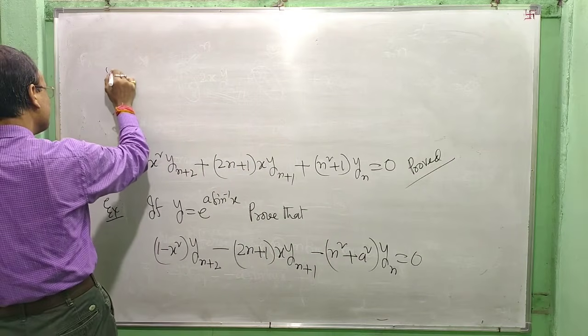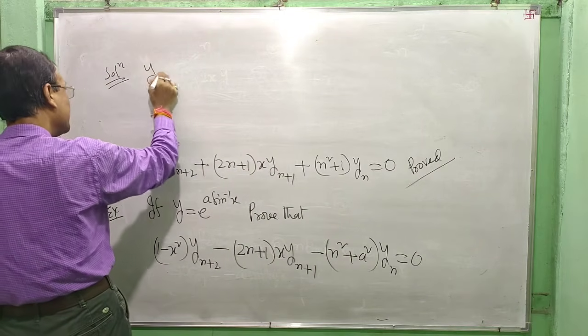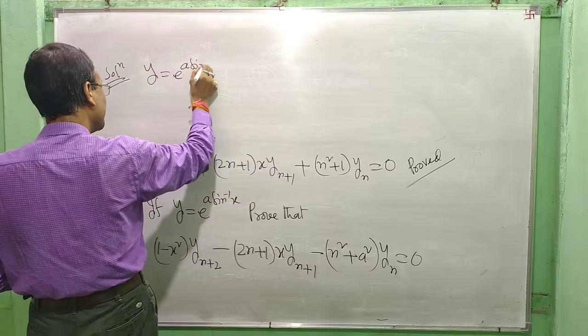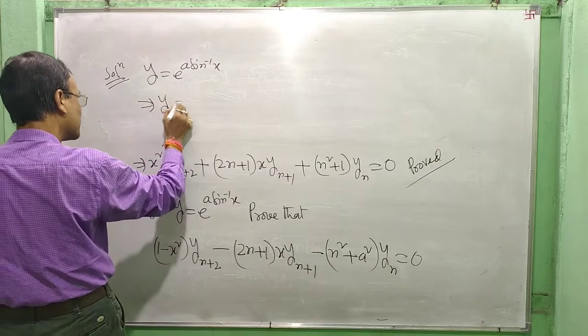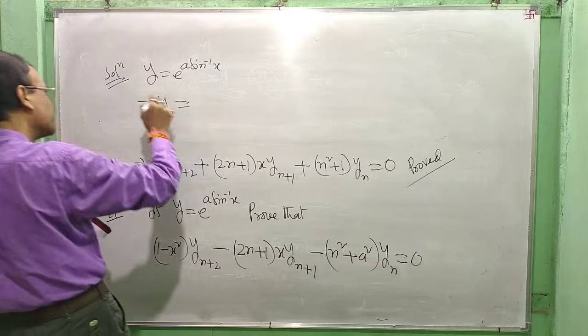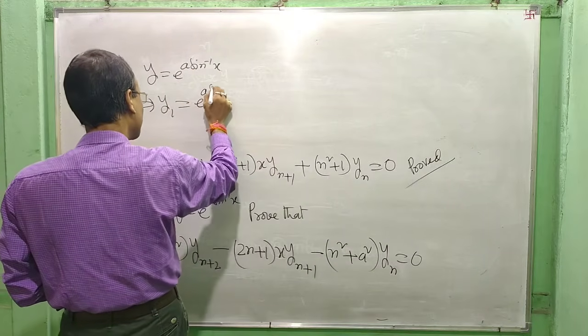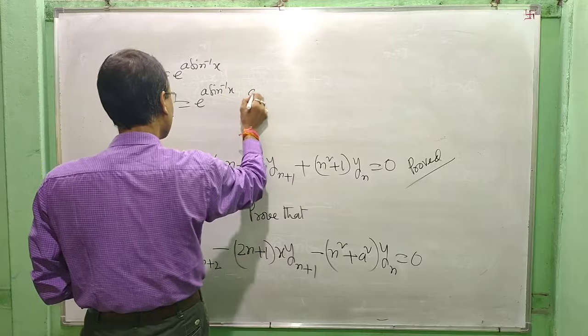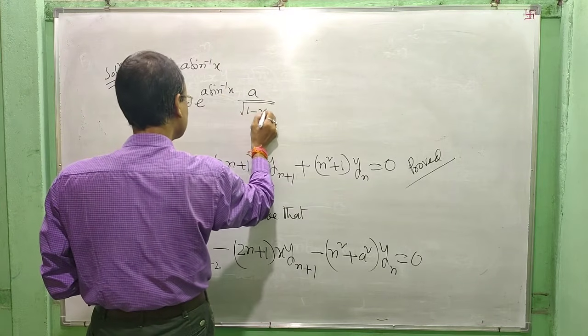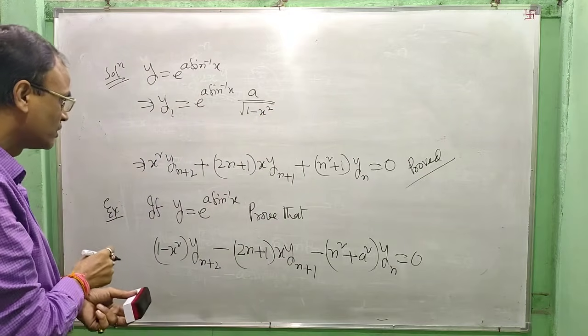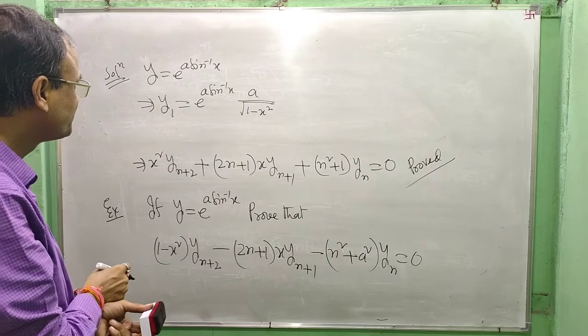Solution. Y is equal to e to the power a sin inverse x. This means differentiate this with respect to x. E to the power a sin inverse x, a divided by root over 1 minus x square.